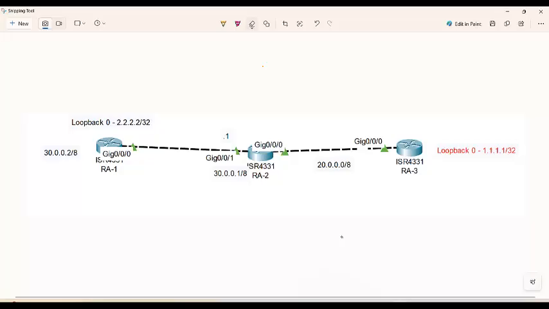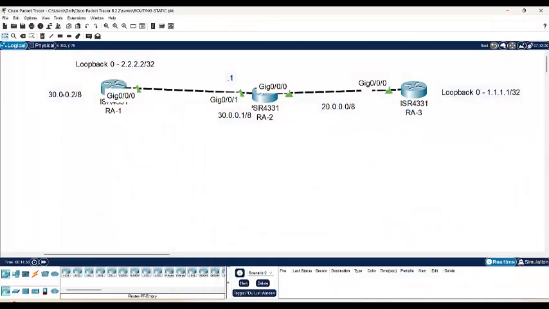Because as soon as some change happens, for example, when I change this address, why is this address here? Okay, now let me copy.